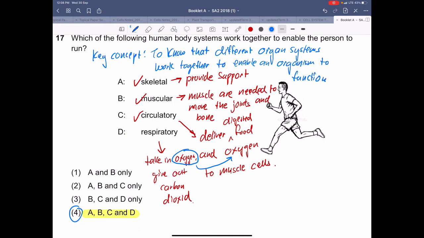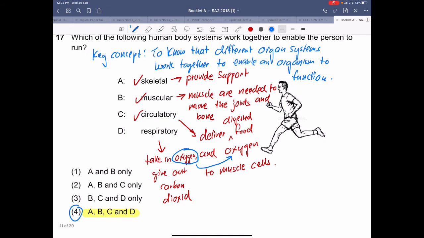The organism that we're talking about in this case is the man, but it doesn't always have to be a man. It depends on the question. It can be a ladybug, it can be a butterfly, as long as it's a living thing. It's got these systems to bring everything together.